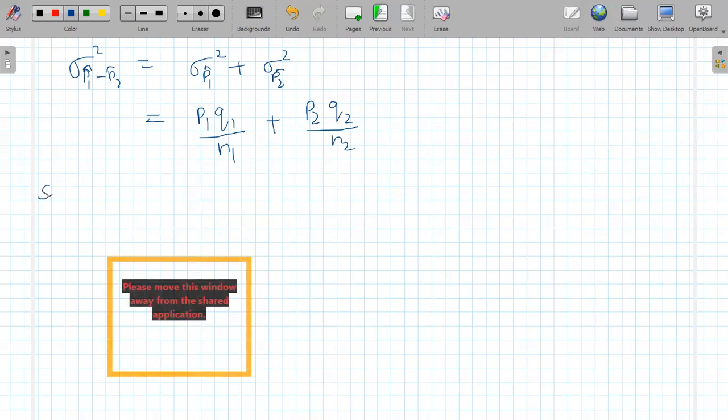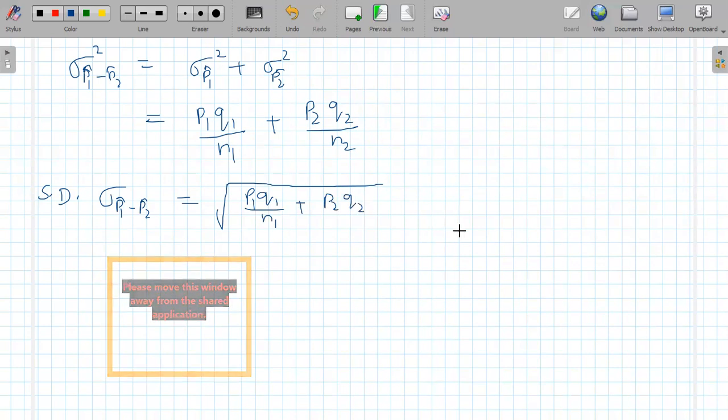So standard deviation is given by sigma of P1 cap minus P2 cap is equal to square root of P1 Q1 upon N1 plus P2 Q2 upon N2.